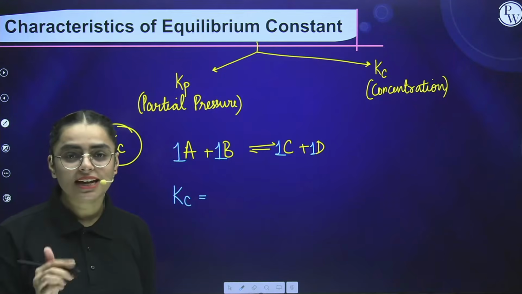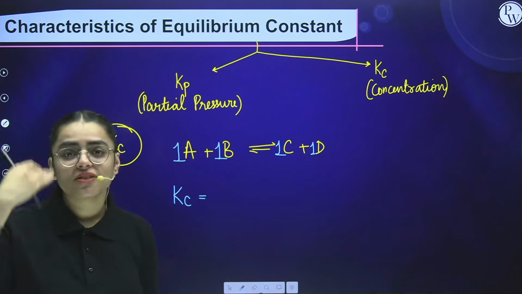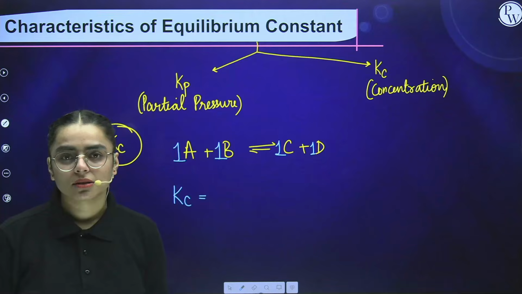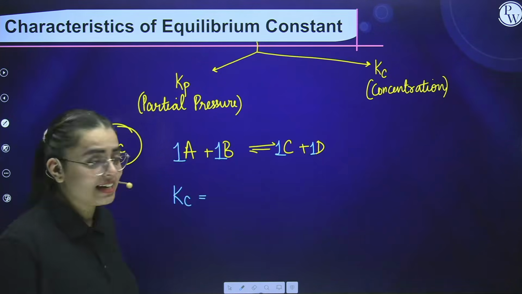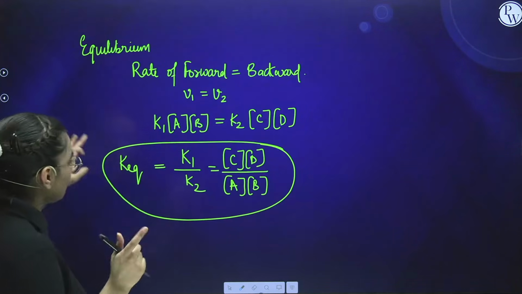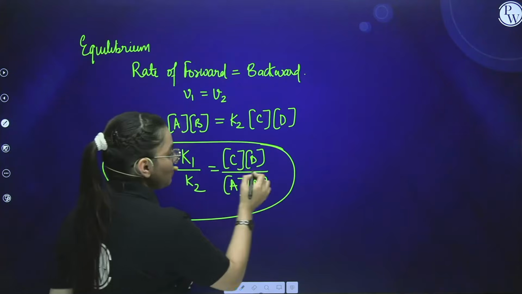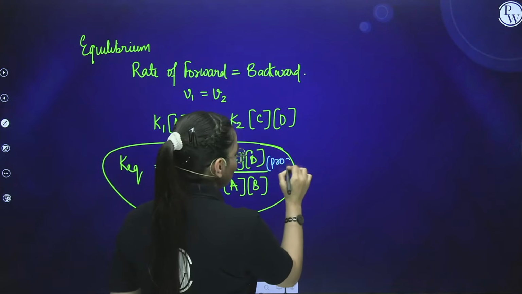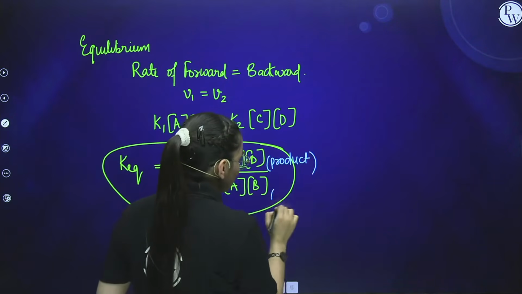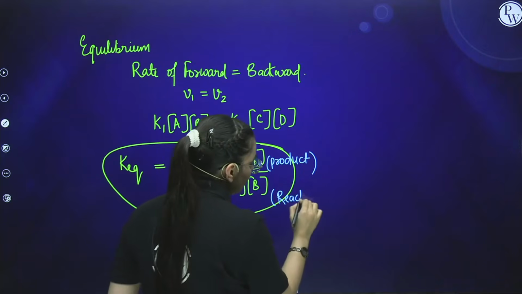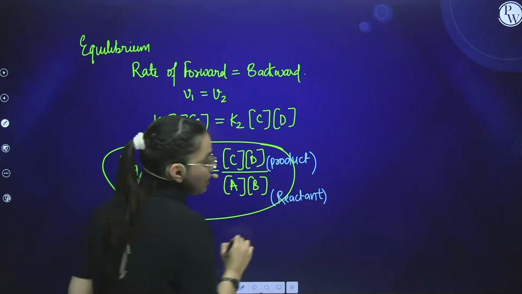We have to write the active mass of the product divided by the active mass of the reactant. Am I right? Exactly. Let us revise it. These are the active masses of what? Product. And these are the active masses of what? Reactant. Are you getting my point?